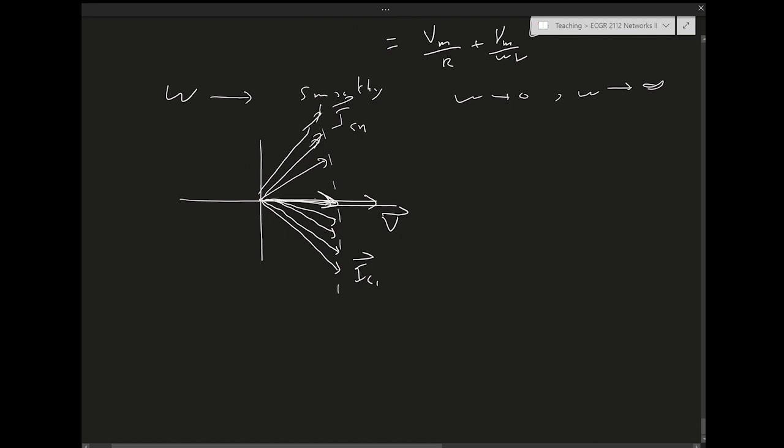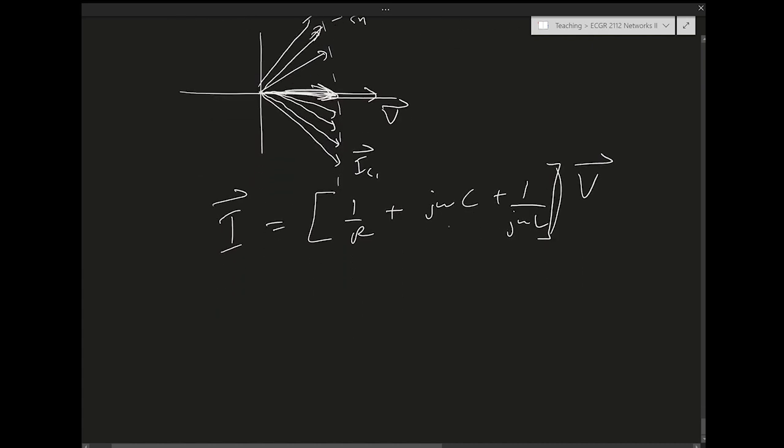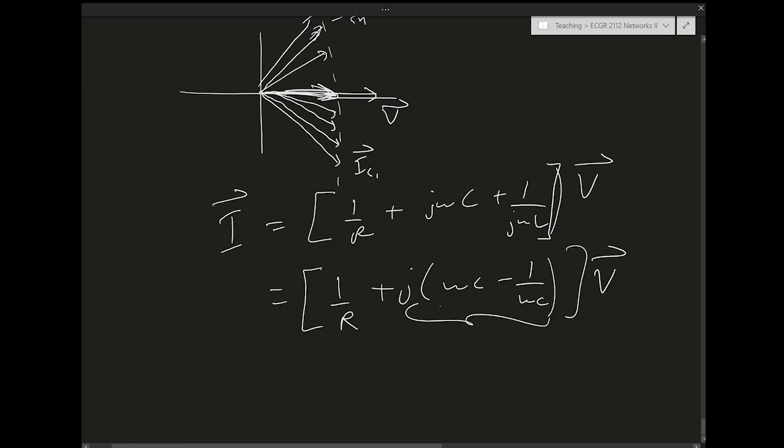There is a point where the phasor for IS is going to be completely real, and there won't be any imaginary part. We can see that when we calculate IS, it is going to be 1 over R plus j omega C plus 1 over j omega L, times V, right? We can manipulate this, so we end up with 1 over R plus j times (omega C minus 1 over omega L). Clearly, there is a certain frequency where this term goes to 0. Such a frequency exists.